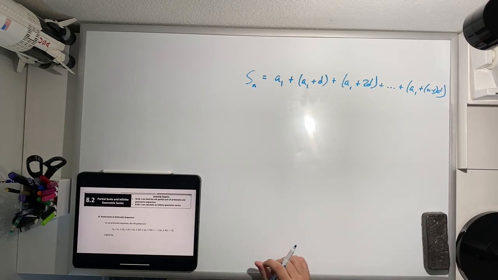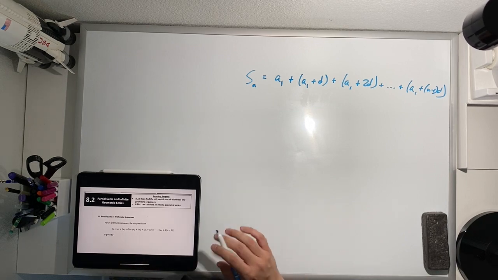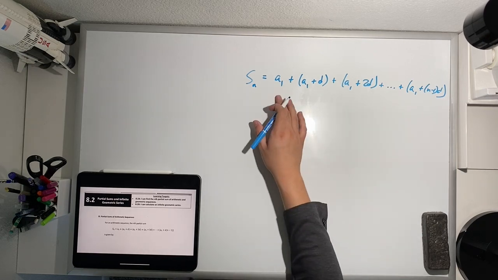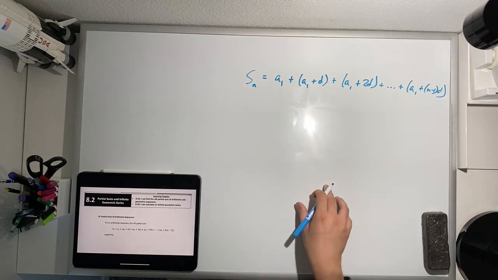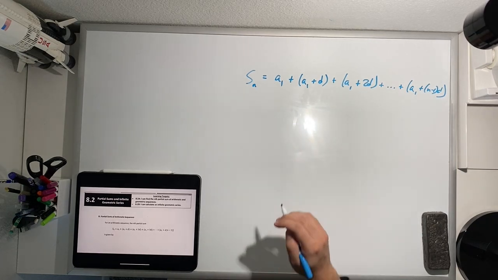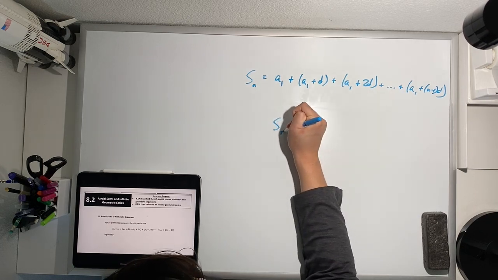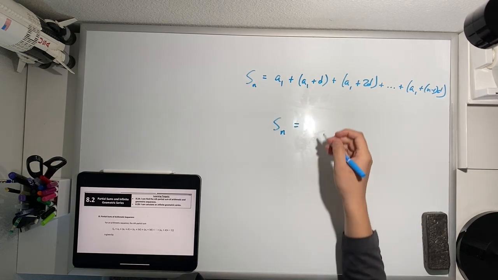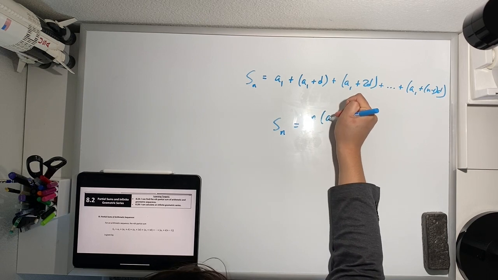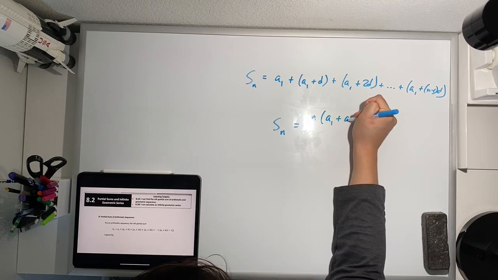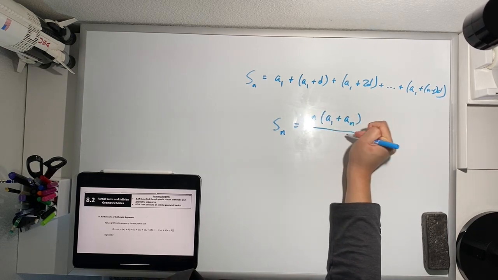But if I'm asking you for the 20th partial sum or the 32nd partial sum, that's going to be a lot of work. Luckily, there is a very nice formula for partial sums of arithmetic sequences that allows us to skip over a lot of this work. The nth partial sum is given by the formula n times the first term plus the nth term, all over 2.